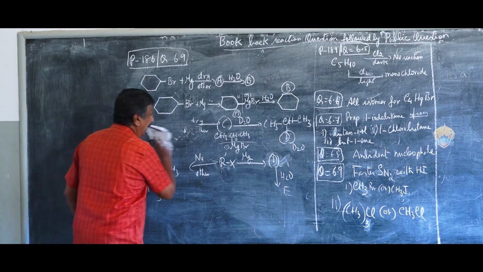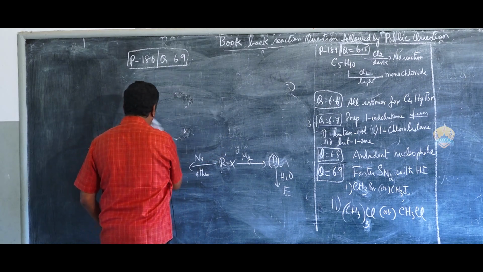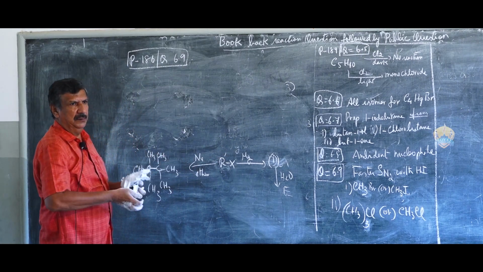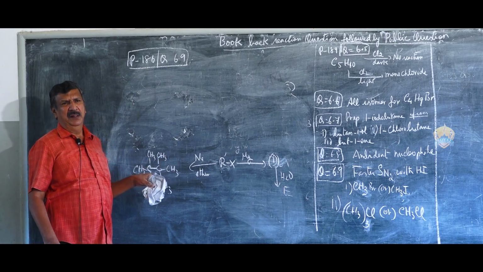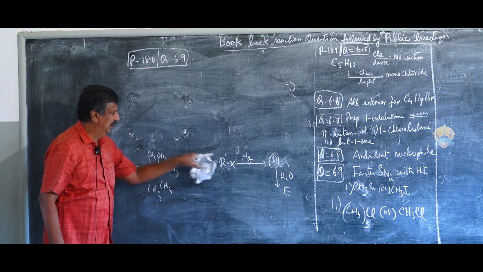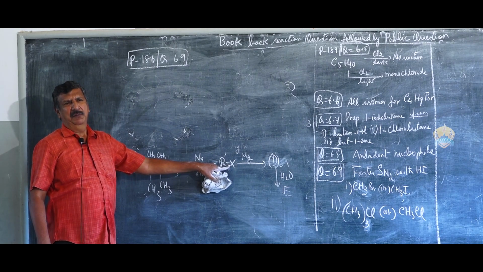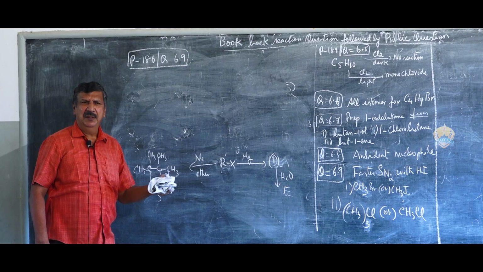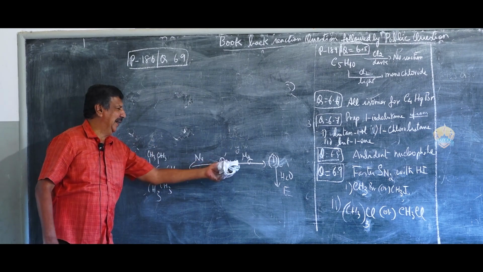You see, very easy. You take this compound. They gave the product. From the product, you should find the reactant. That is very important. Basically, what will they ask? From reactant to products. Here, product to reactants.